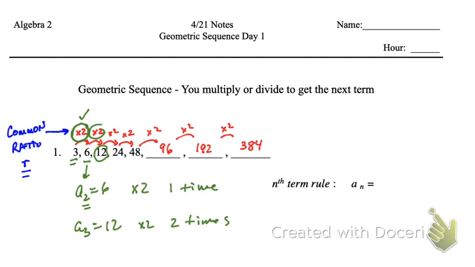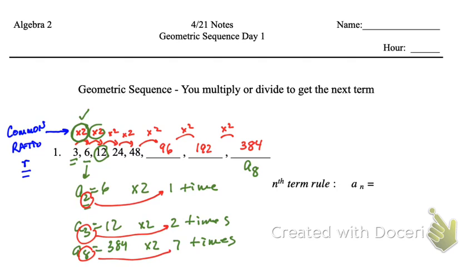Even if we go all the way out to our last one, the 8th number in this list, 384, how many times did you multiply by 2 to get to that 8th number? 7 times. And we see there's a relationship: how many times we multiply is always 1 less than the position.